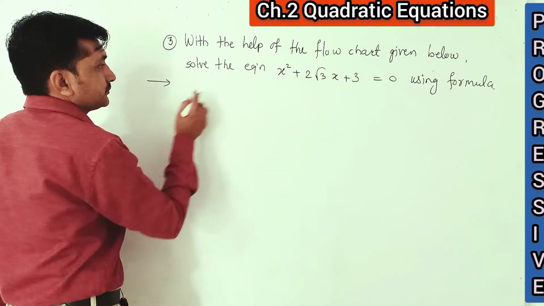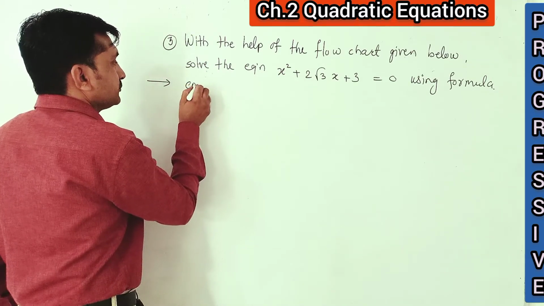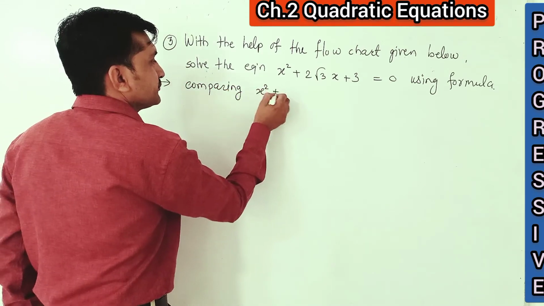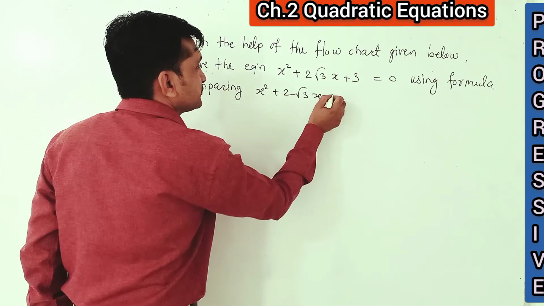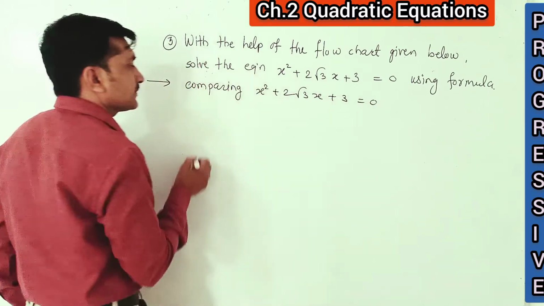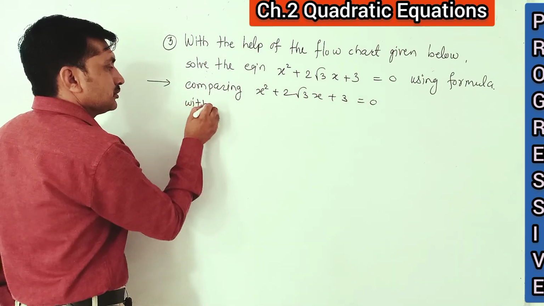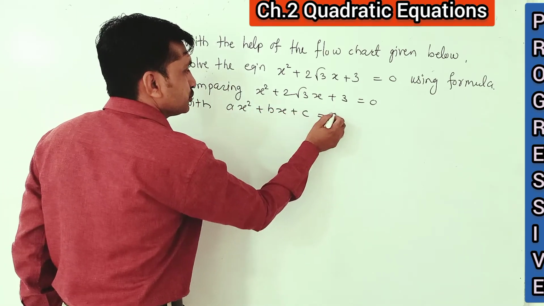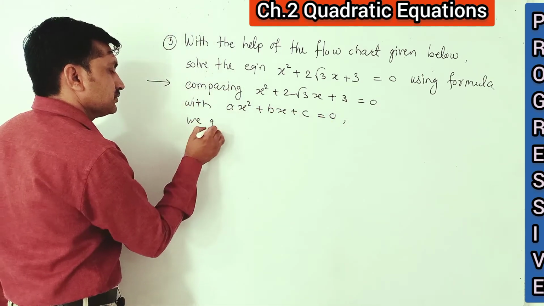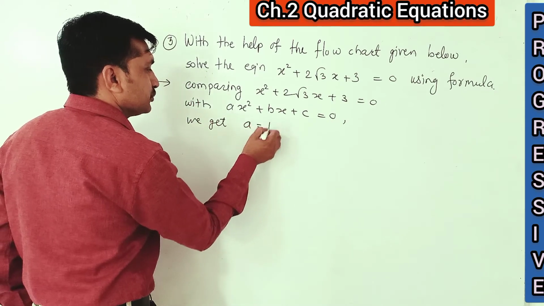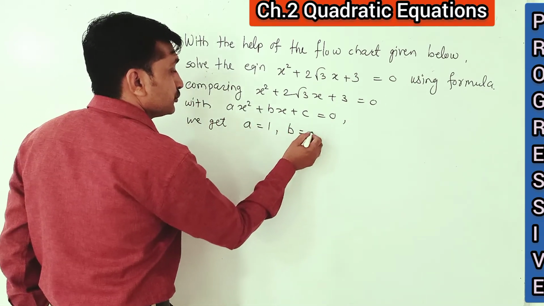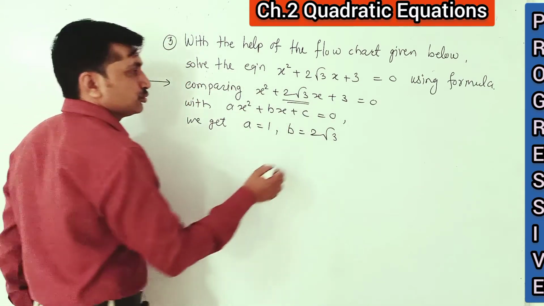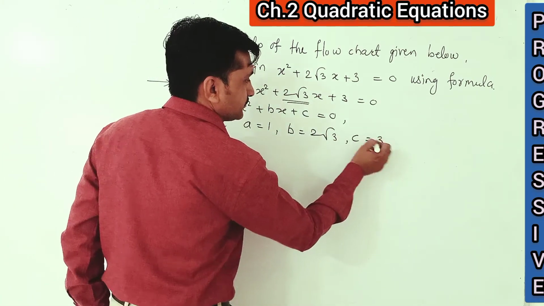Now first compare, it is in general form, therefore we can compare, comparing x square plus 2 root 3x plus 3 is equal to 0 with ax square plus bx plus c is equal to 0, we get ABC values. A is equal to 1, b is equal to 2 root 3, see here it is b value 2 root 3, c is equal to 3.